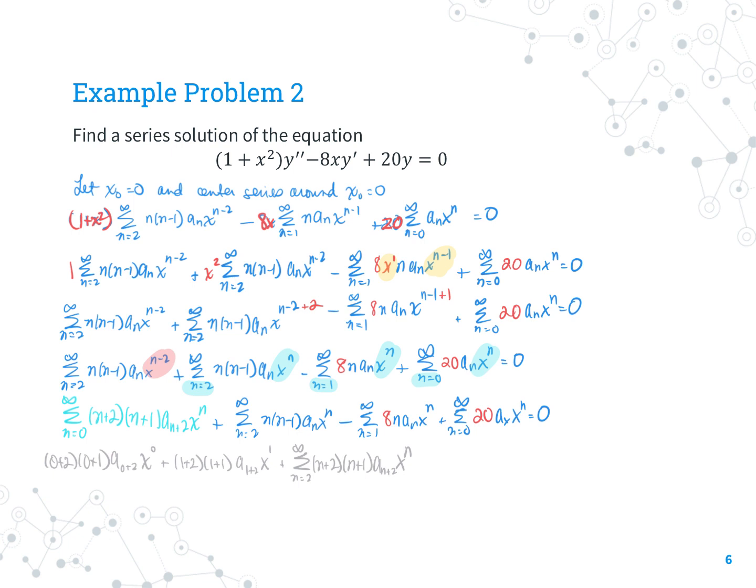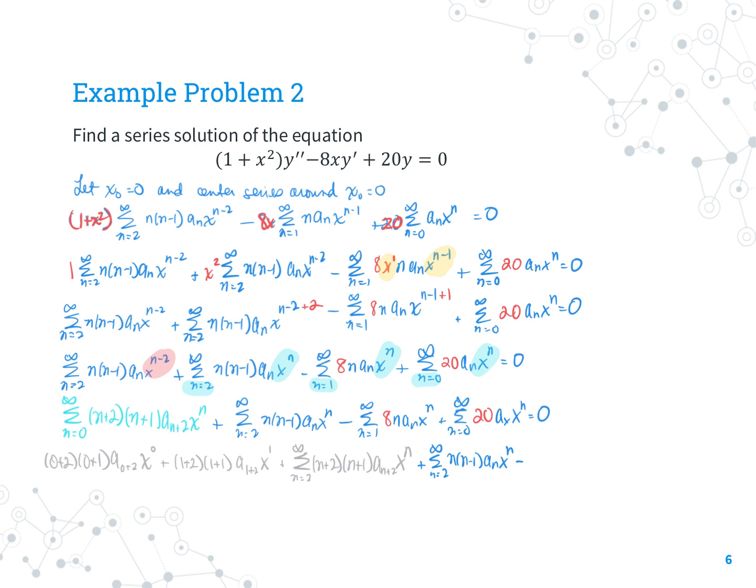Our next sum is already beginning at n equals 2, so we're okay there. So that's just 2 to infinity of n minus 1, a sub n, x to the n. For the next one, we have to subtract the first term out of this sum, which would be the n equals 1 term.